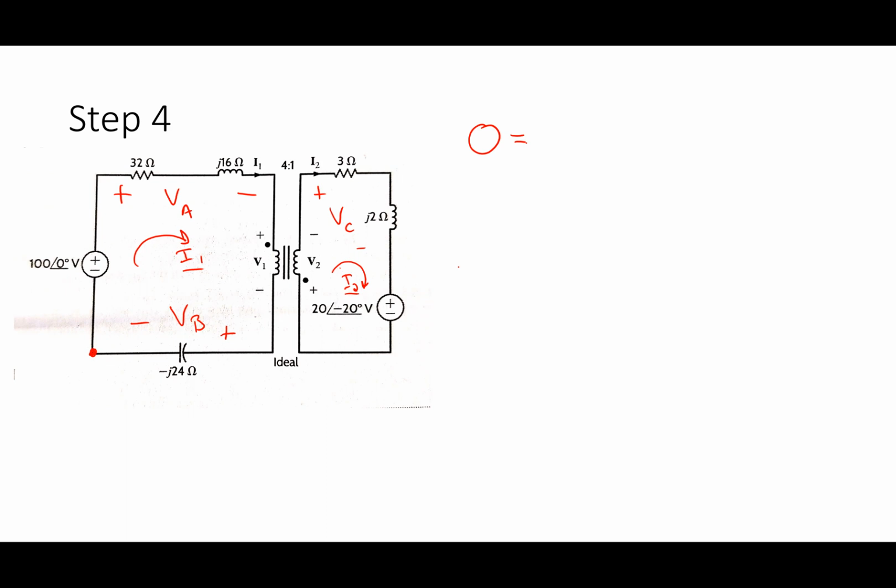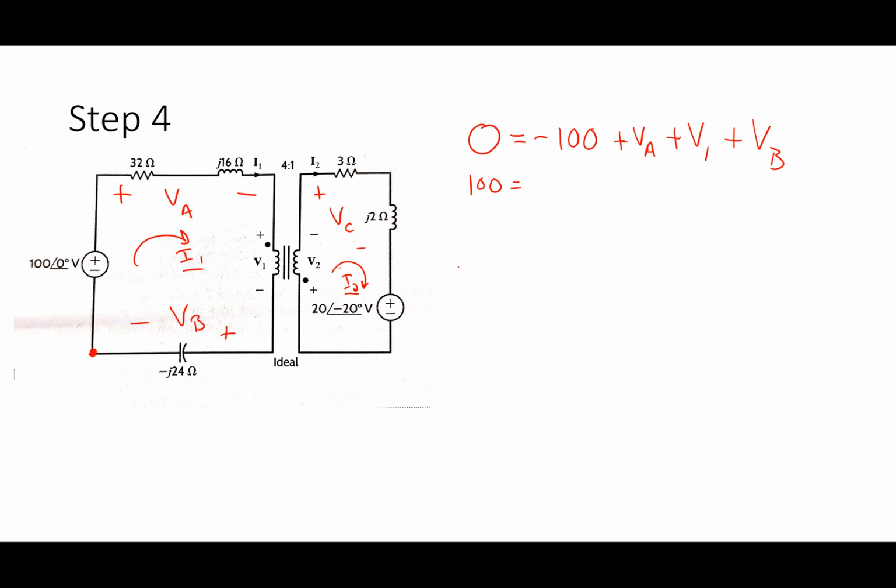Negative 100 angle 0, plus VA, plus V1, plus VB. That's exactly right. So I'm going to move the 100 over.